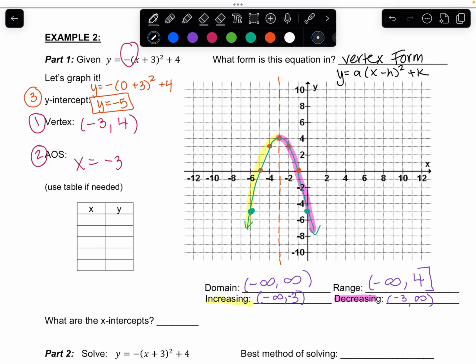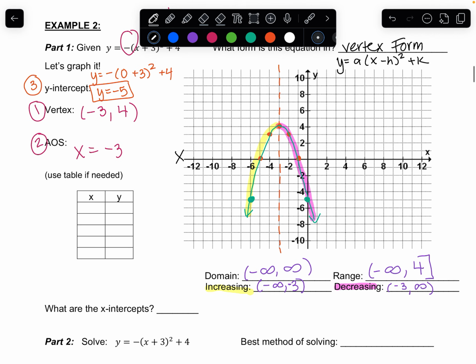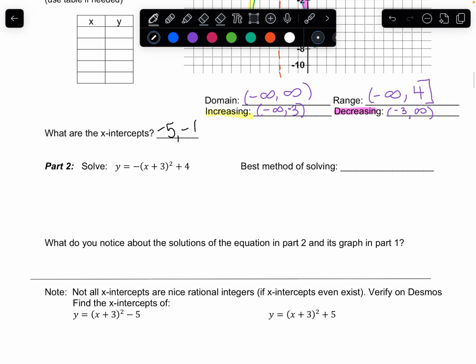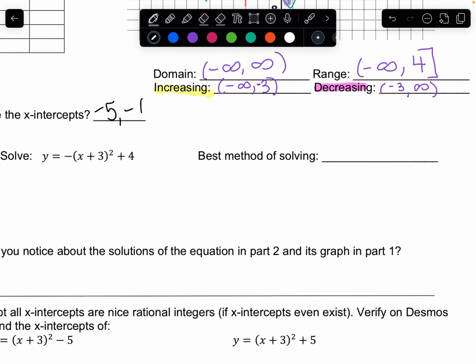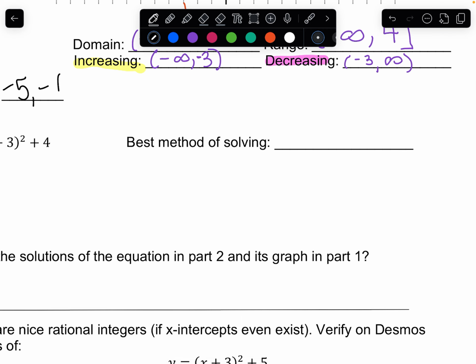And because I did so many points, we can actually see that our x-intercepts, where we cross our x-axis, are at -5 and -1. And so, again, if we wanted to solve this problem, the best method to solve, since it's vertex form, is solving with square roots.